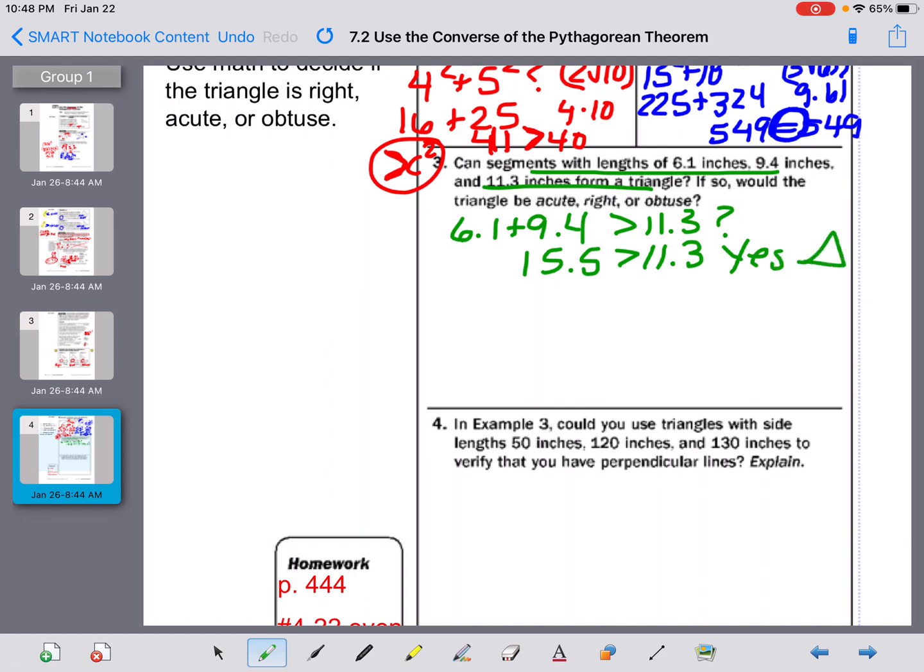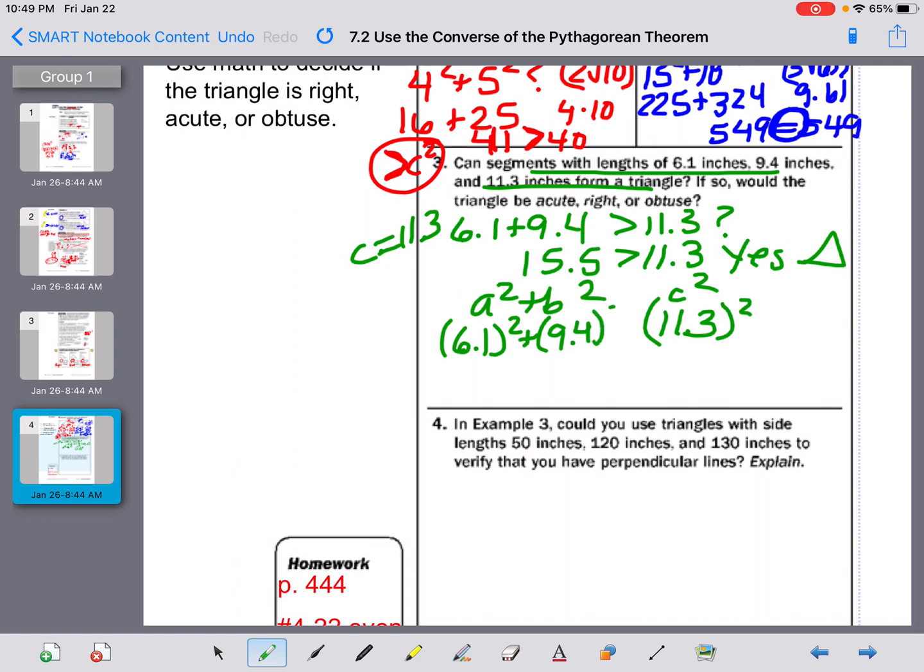Now we want to find out what kind of triangle. Okay, so which one of those has to be my C? Well, C has to be my 11.3 because it's the largest. So A squared plus B squared and C squared. I put 11.3. I put 6.1. I put 9.4. Oh, definitely calculator work from here, right?